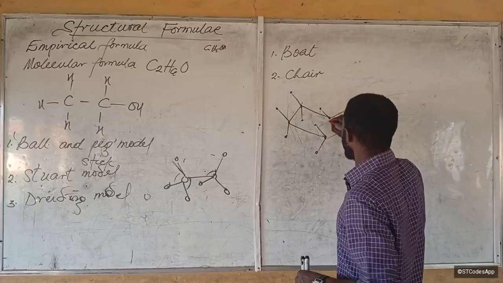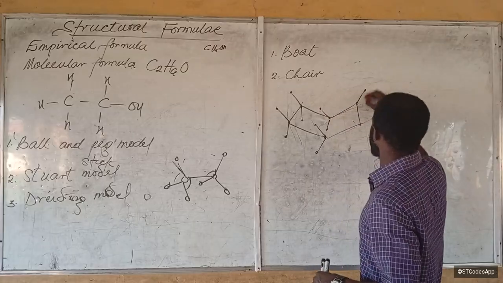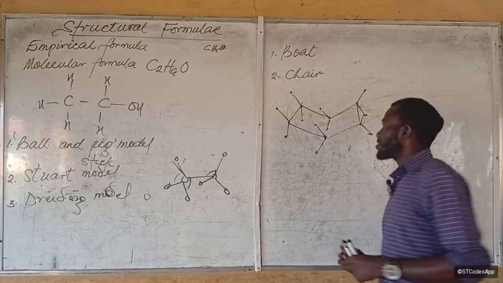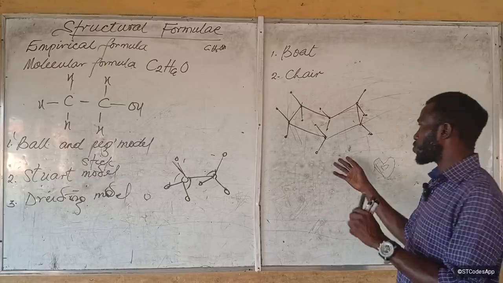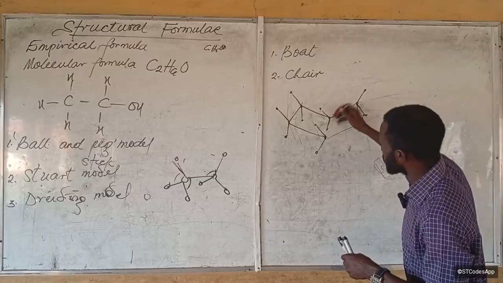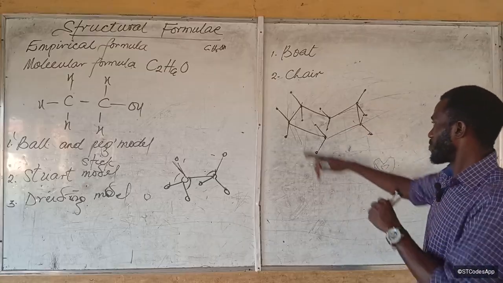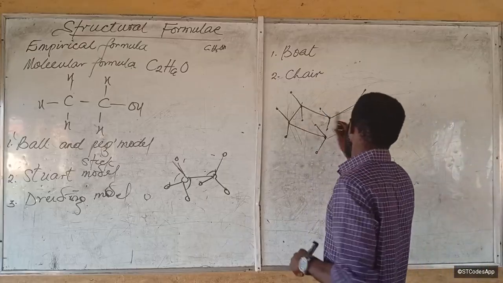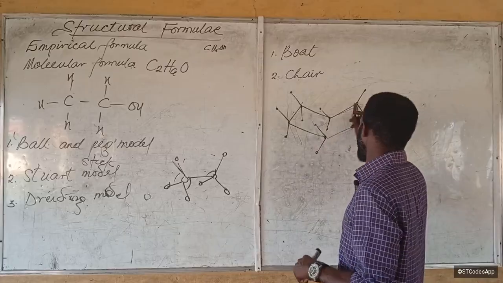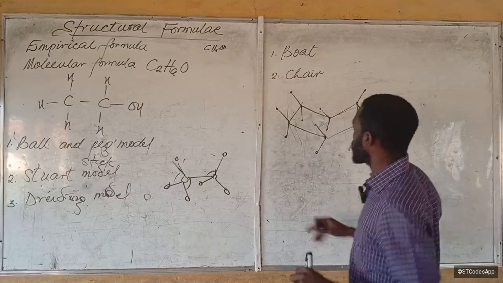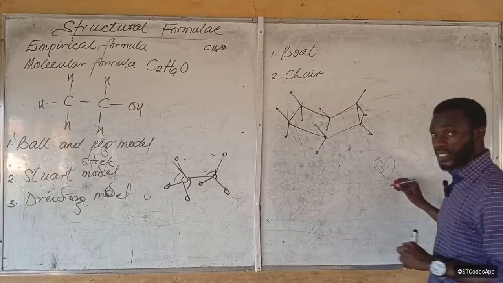This is the boat conformation. This is not linking to this. This is not linking to this. So single bonds, cyclohexane, hexane: 1, 2, 3, 4, 5, 6. Then the chair conformation of this is going to look something like this.